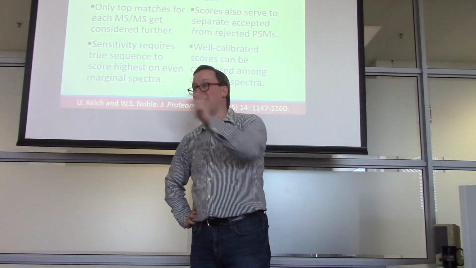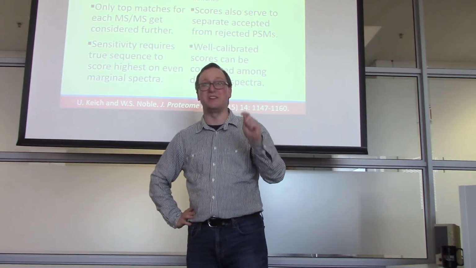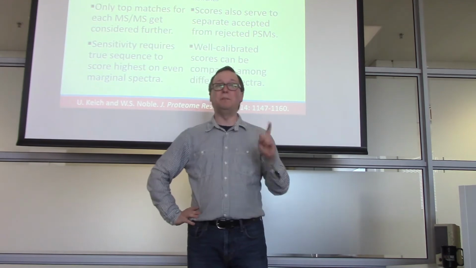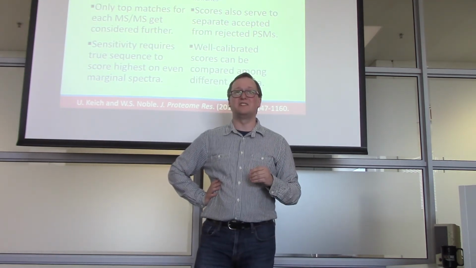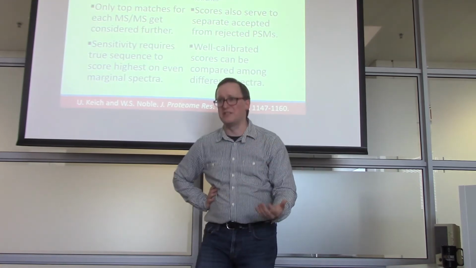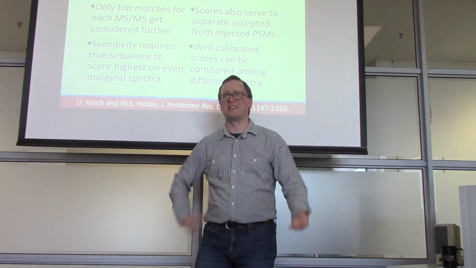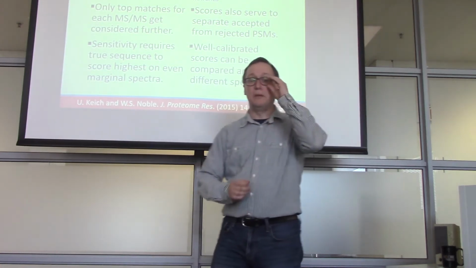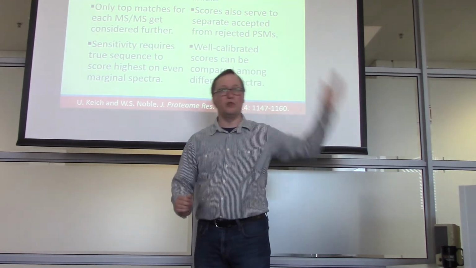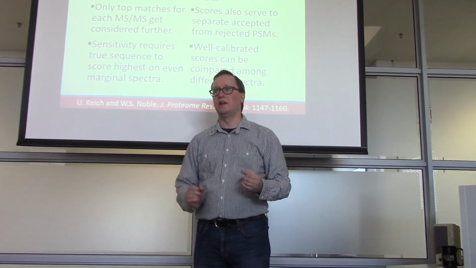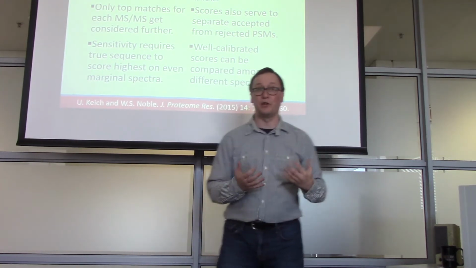Half the data being identified constitutes brilliant success. Generally, people don't complain about the result of their database search until they get down to something like only 10% of the spectra identified successfully, right? So people start with this relatively low bar, that of all the data collected in an experiment, if they can identify just half of it, they feel pretty good about it.